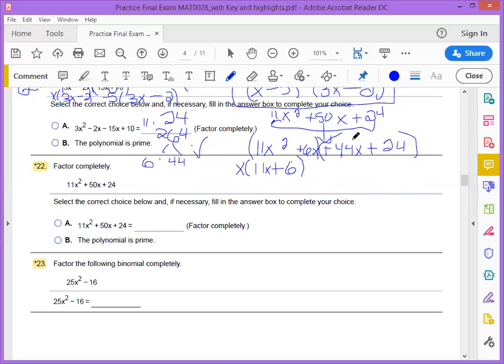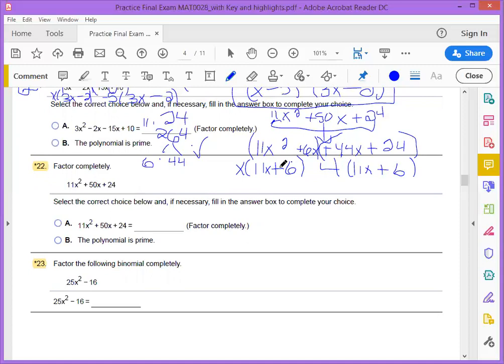In our second set of parentheses, we're trying to find the GCF between 44x and 24. We can factor 4 from both those terms. When we factor 4 from 44x plus 24, we're left with 11x plus 6 in parentheses again.